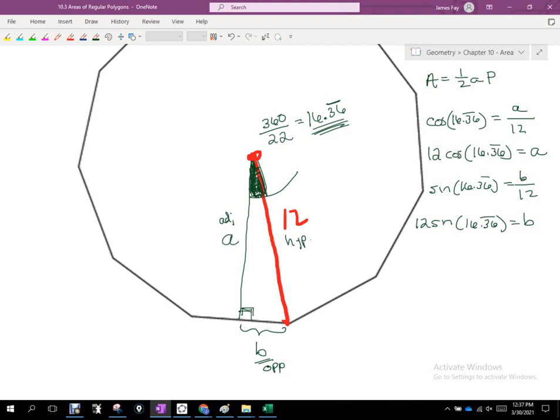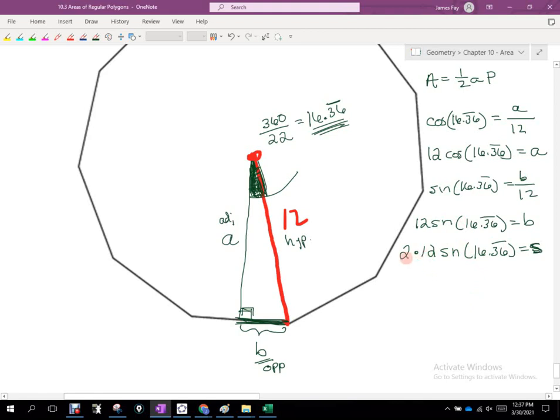So my suggestion to you is to know that this B value is just that side right there. If I double it, it would look like this: 2 times 12 sine of 16.36 repeating. And that would be a side length. We say S for side length.